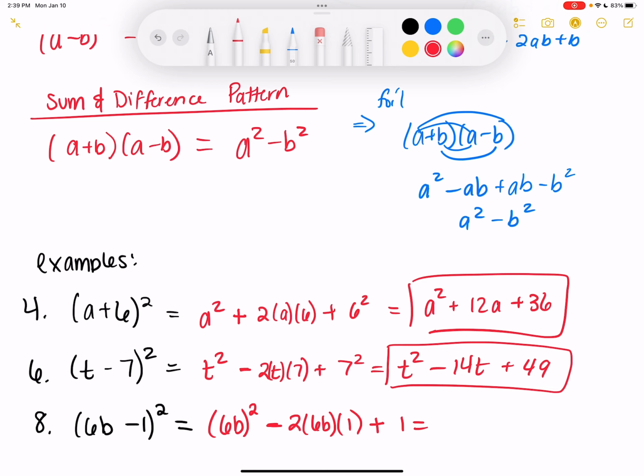So then (6b) squared is 6 squared times b squared, so it's 36b squared, minus 2 times 6 times 1 is negative 12b, plus 1. Okay, so same process, even though it has a number in front.